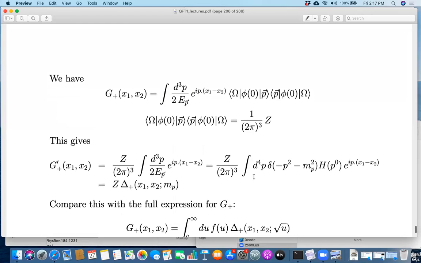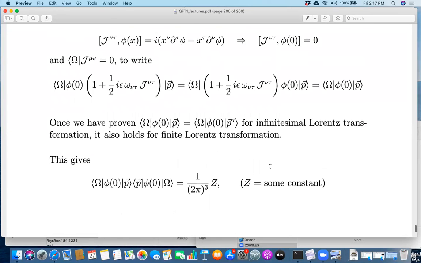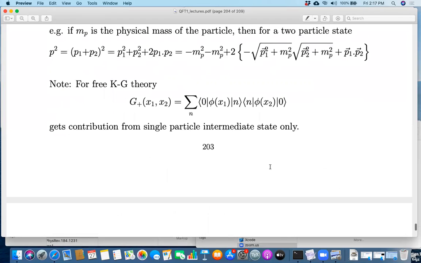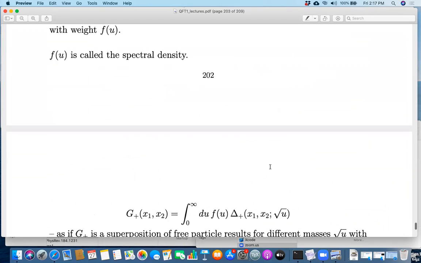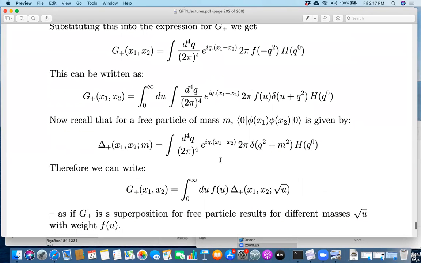Now we notice that this line over here is nothing but Delta_+(x1, x2; m_p). Let's look at the expression for Delta_+ that we had written down earlier. So this was Delta_+(x1, x2; m). There's a 1 over (2π)^4 here and 2π here, so the net factor was 1 over (2π)^3.